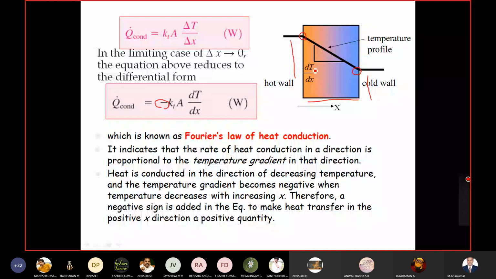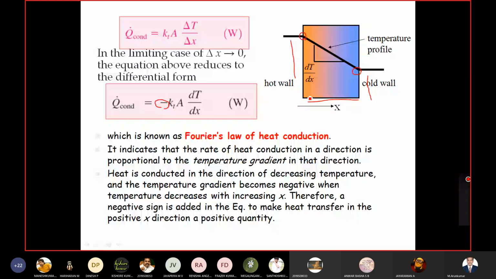Heat is conducted in the direction of decreasing temperature, and the temperature gradient becomes negative when temperature decreases with increasing x. So if there is a decreasing temperature, like in the example of cold drinks, heat is transferred from the surroundings to the cold drink, which will be a temperature decreasing process, right?